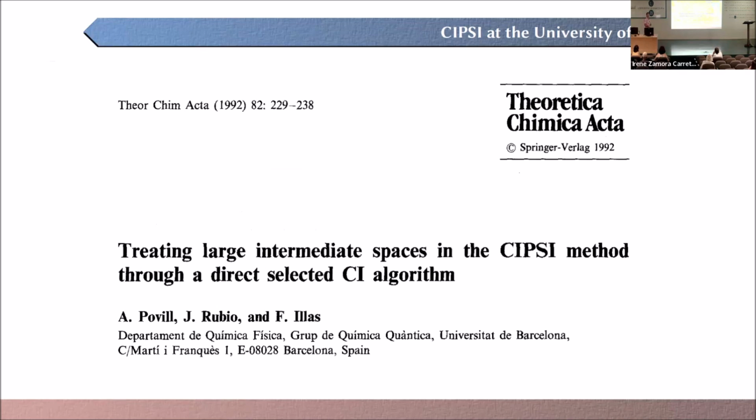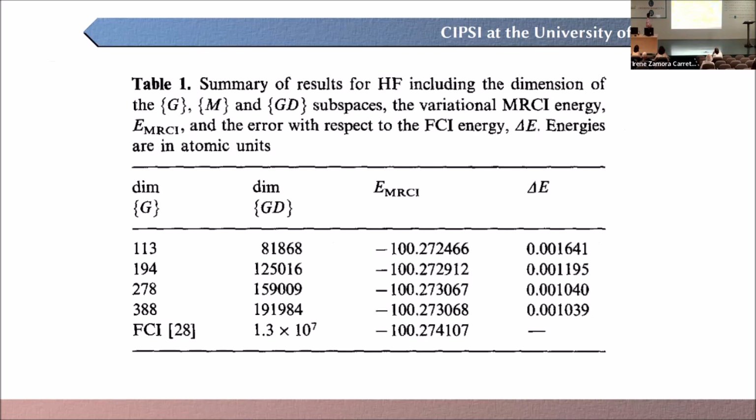So it was very active in the 90s. I think it was on what they were calling free class CIPSI or something like this. Very old paper, but very nice. So basically here, just to have an illustration, that's the number of determinants that they could consider in what we call the reference space, the variational space.